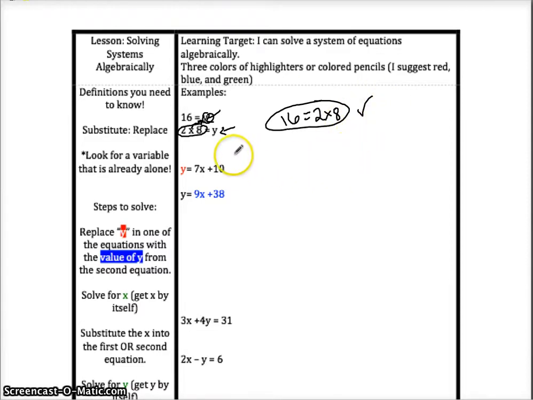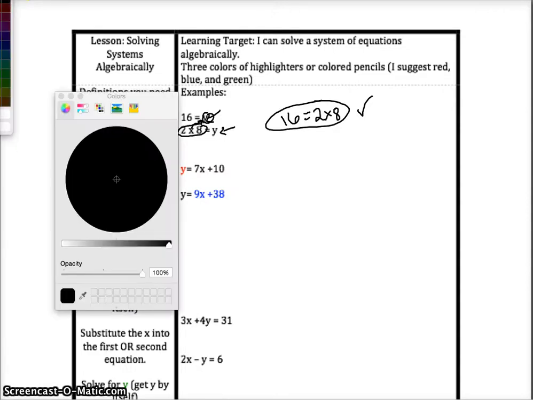Now, this lesson is the same exact thing, only we're using equations and expressions, and we're using substitution, and we're plugging in the new solution for y into the original equation. So go ahead, if you have colors with you, I'm going to use red and blue. So right now you're going to need blue.